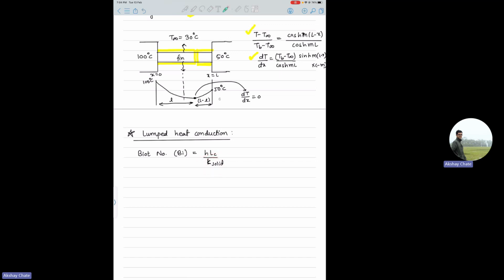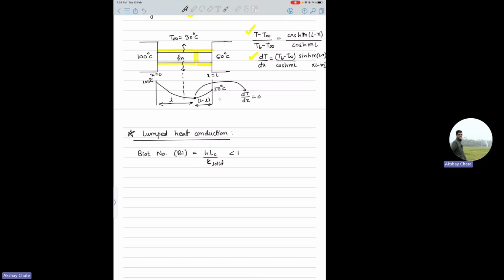So to avoid the confusion, just remember it as k solid. It should be less than 0.1, I think. The 0.1 is not an exactly strict criterion. It can be less than 1 also. So I should just say less than 1 should be good enough.